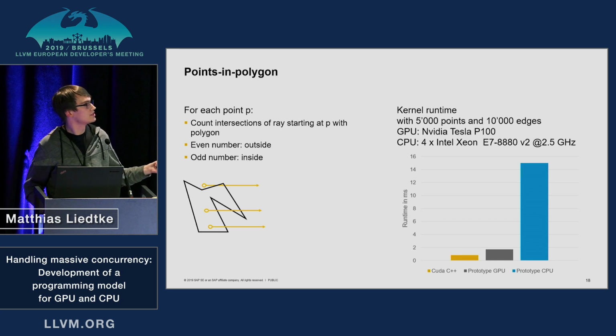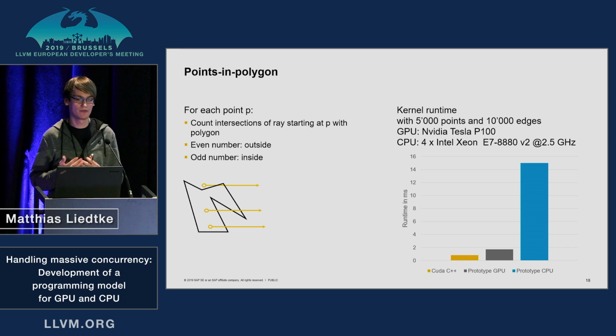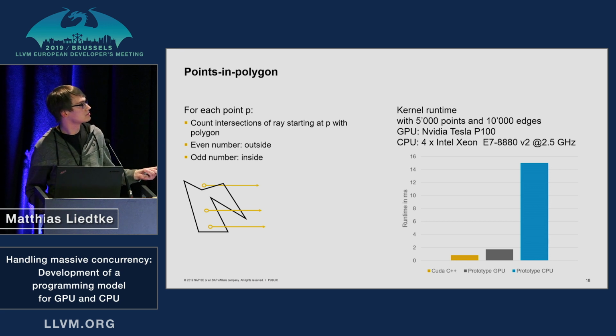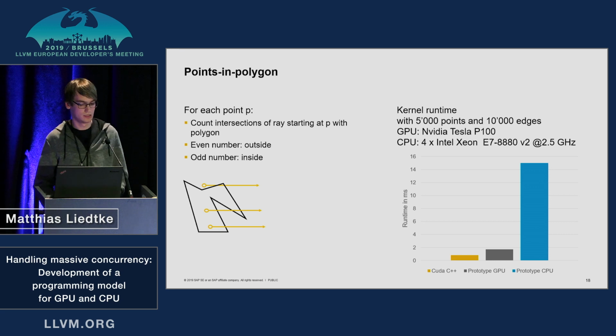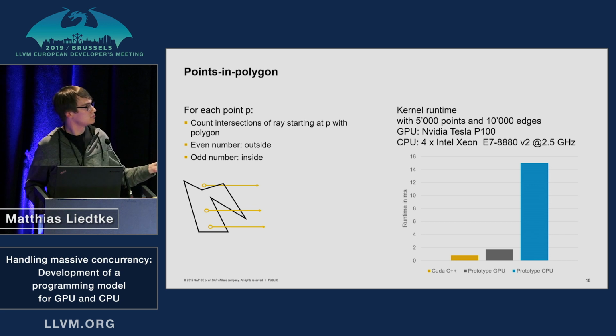And for the CPU, obviously, it's an algorithm written for the GPU, and that is also our aim, that you write an algorithm for the GPU and run it on the CPU as a fallback or to be able to debug it or whatever. So the runtime obviously is a lot higher: we have 50 milliseconds in comparison to 0.7 milliseconds with CUDA C++.